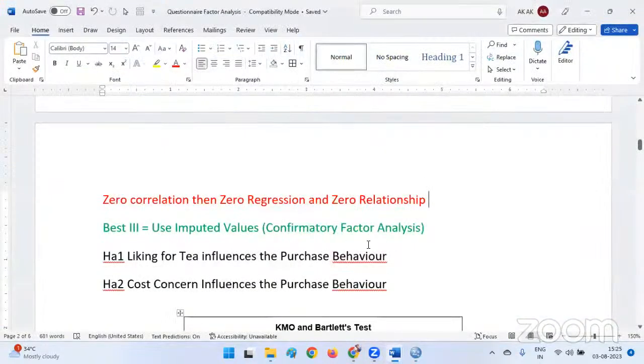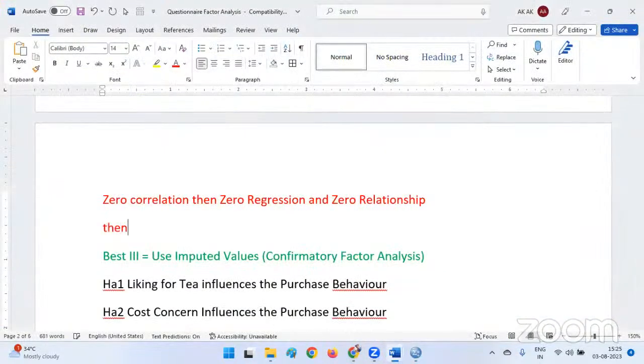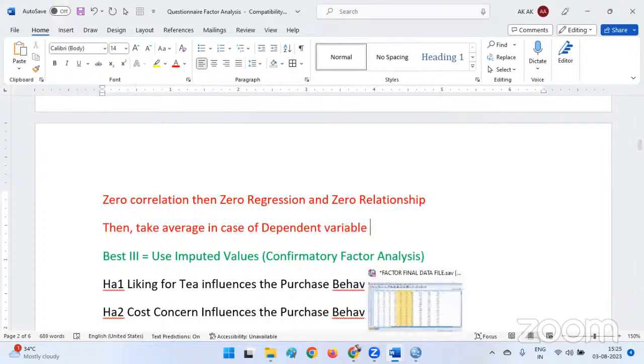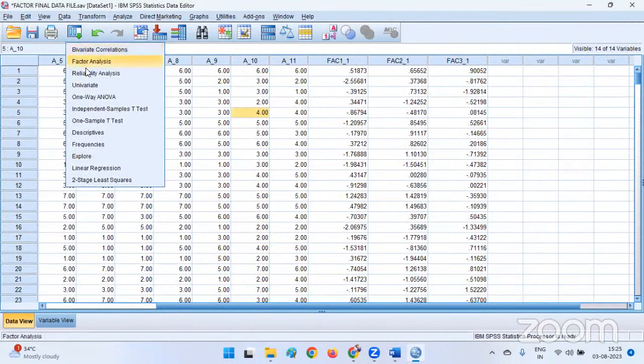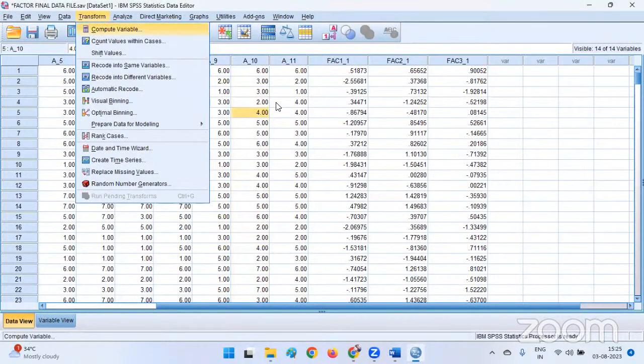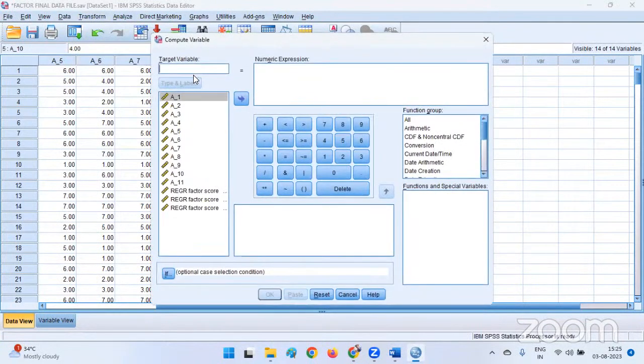Let us take the average by applying Transform, Compute Variable. We are computing a variable, dv, the dependent variable, made up of 9, 10 and 11.